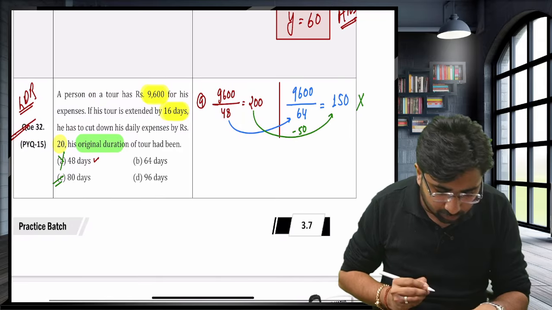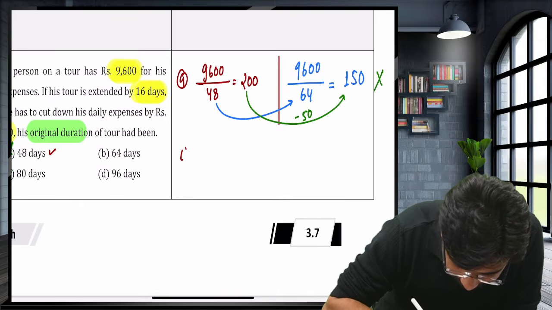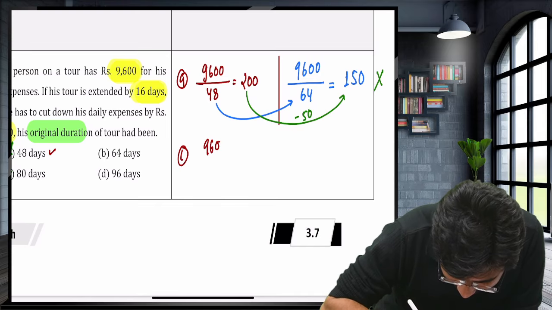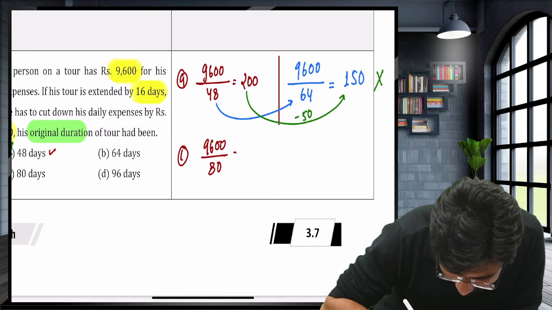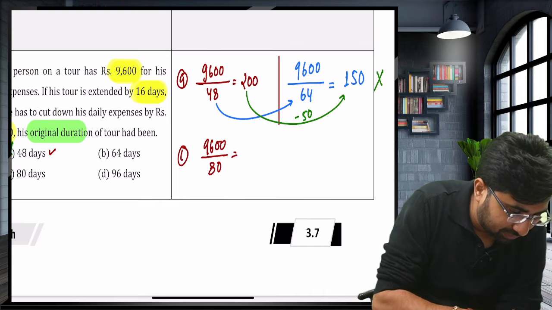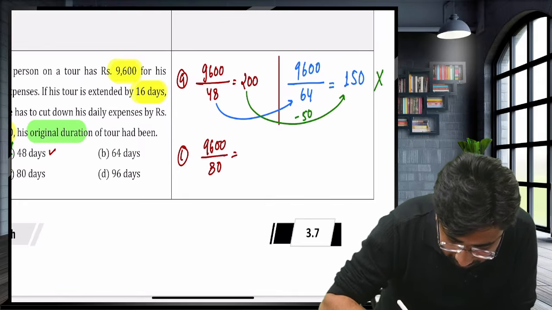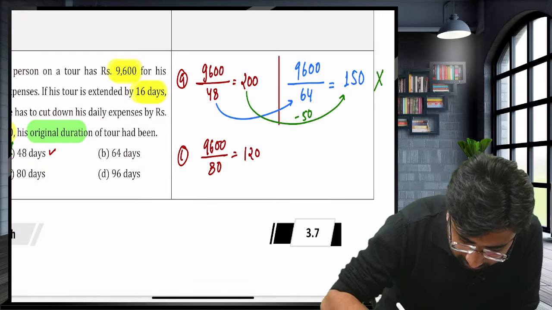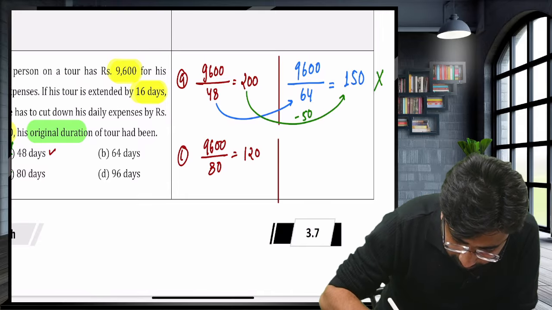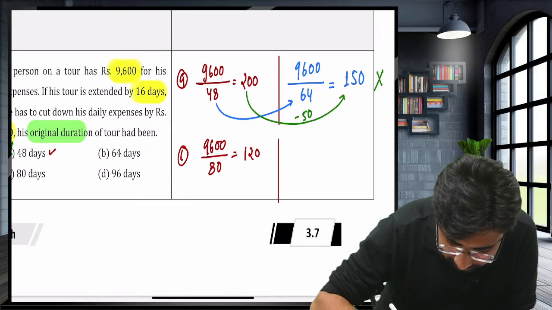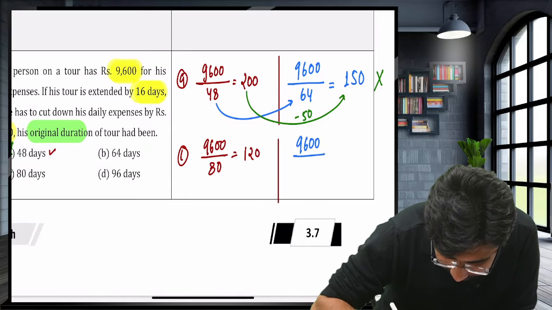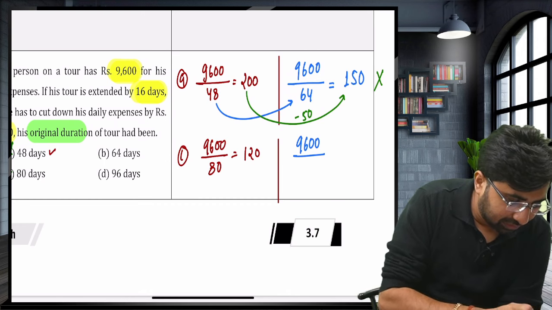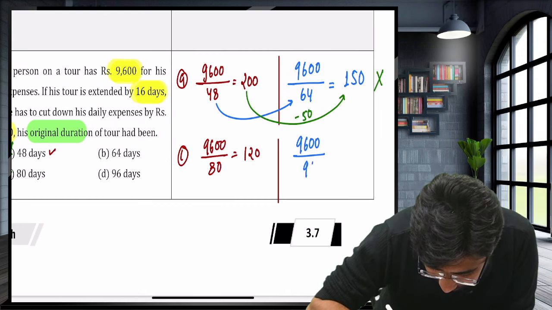I will directly go for option C now. If you assume option C is correct, divide by 80. 9600 divided by 80, per day expense was 120. Now let's increase his trip by 16 days. 80 plus 16, 96.